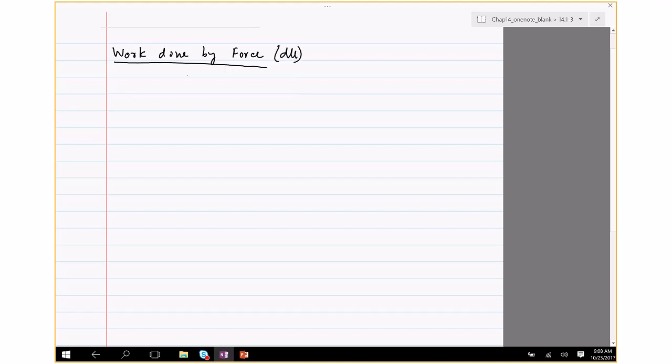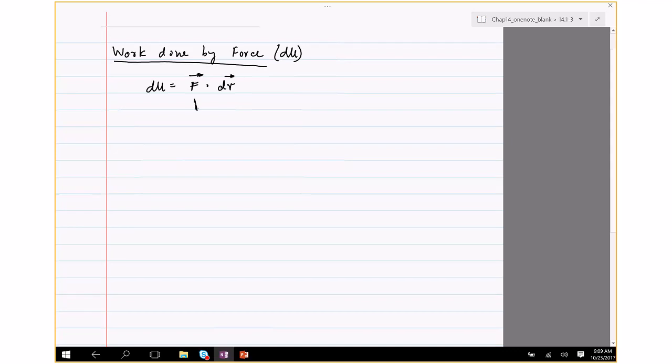Then dU is F dot dr. In other words, U is a scalar, it's a number, and in order to find that, you need to take the dot product of the force and the distance moved, or the displacement, whatever you like to call that.